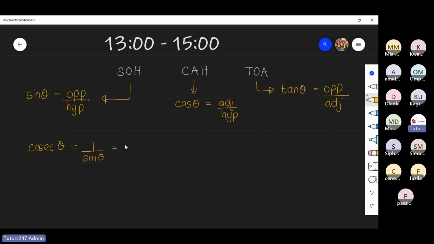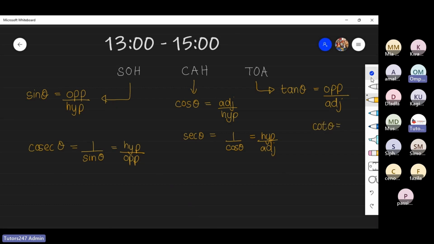And that is then equal to the hypotenuse over the opposite. We've got sec, which is the reciprocal of cos, and that is 1 over cos theta, which is equal to the hypotenuse over the adjacent. And with tan, the reciprocal of tan is cot.